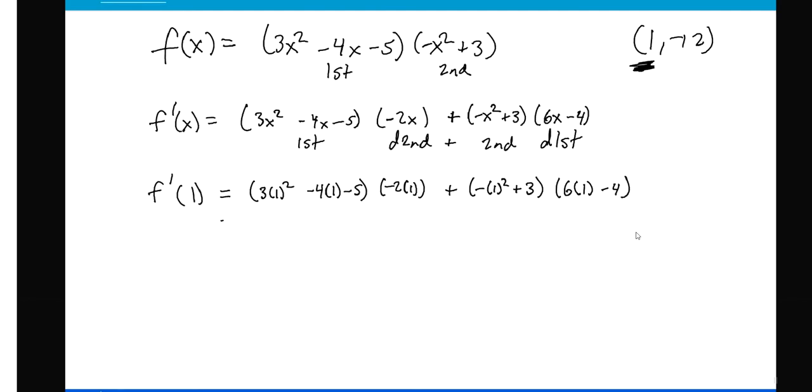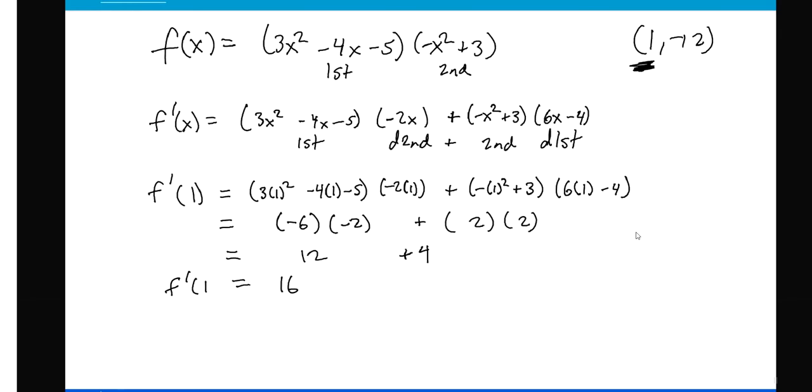Let's simplify a little bit. That's 3 minus 4 minus 5, which is negative 6. Negative 2 times 1 is negative 2. Over here, negative 1 plus 3 is 2. 6 minus 4 is 2. So you basically have 12 plus 4, which is 16. Okay, so this is the value we get from our derivative.